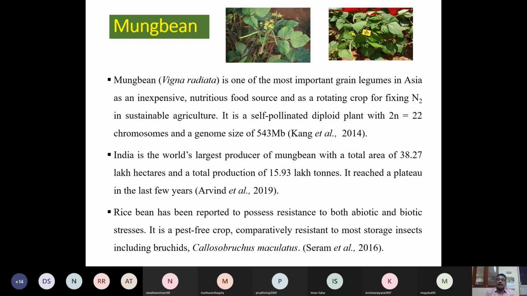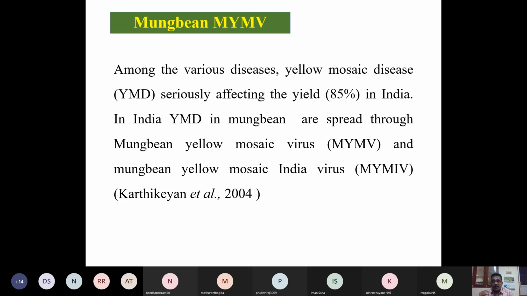Okay. So here the thing is, whenever you choose any kind of material, I am taking the example of mungbean, whether you want to work in rice or maize or pearl millet, whatever the example is. But the nature of choosing the material is important, and also how you are going to phenotype the material is another important thing. So these are a few points to keep in mind whenever you work.